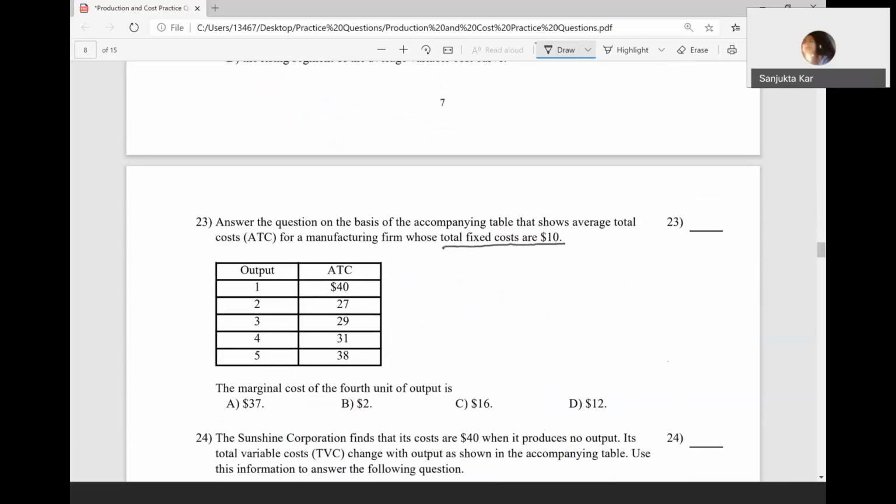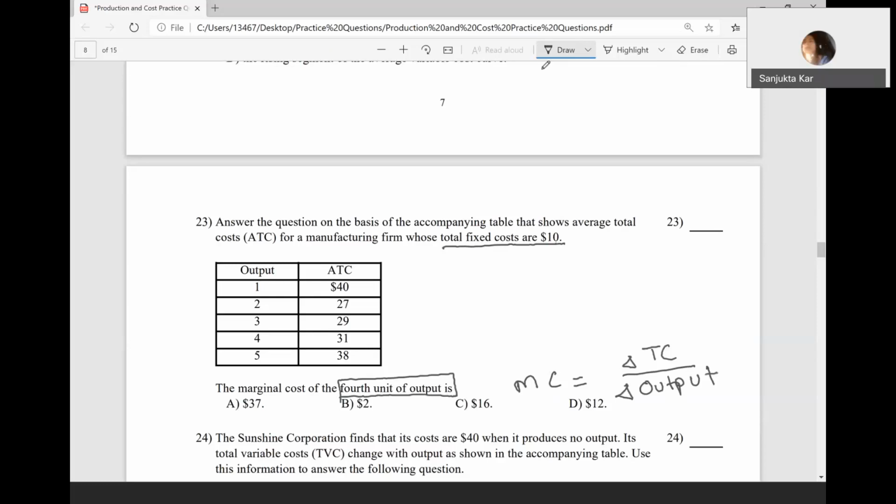They are asking us to find the marginal cost of the fourth unit of output. The marginal cost is defined as the change in total cost over the change in output level.